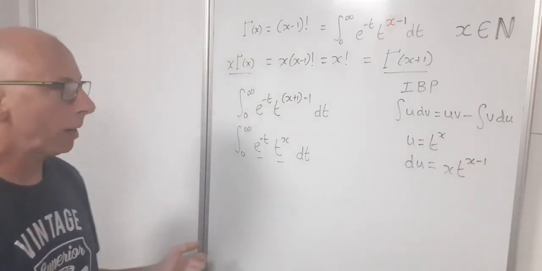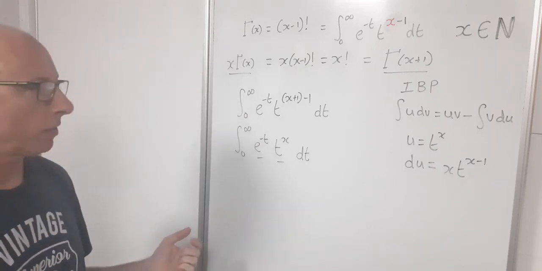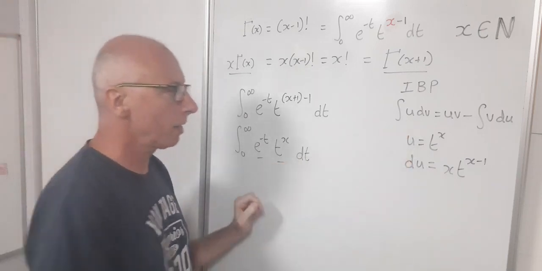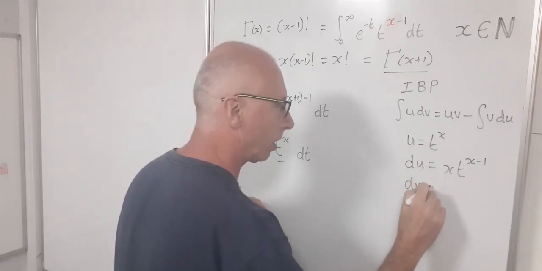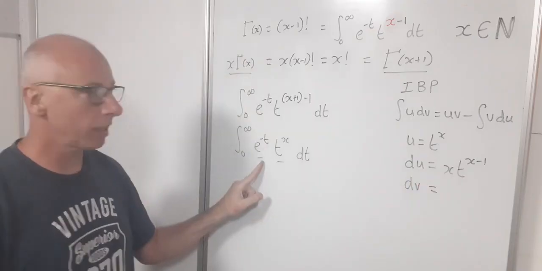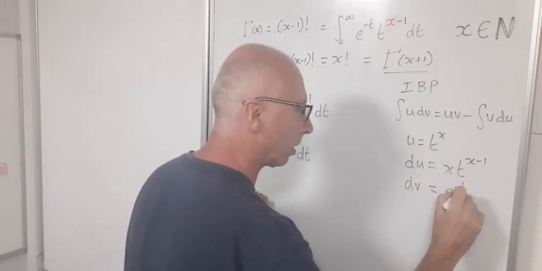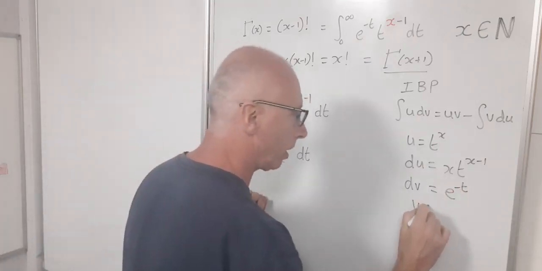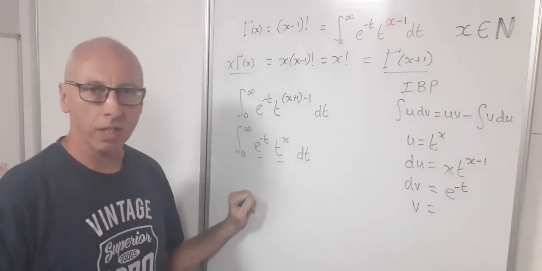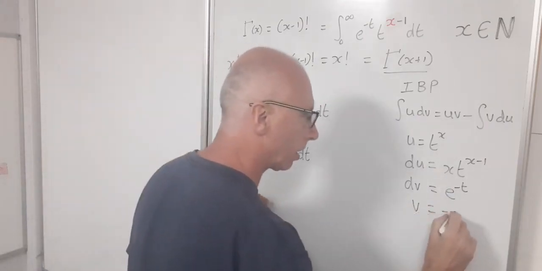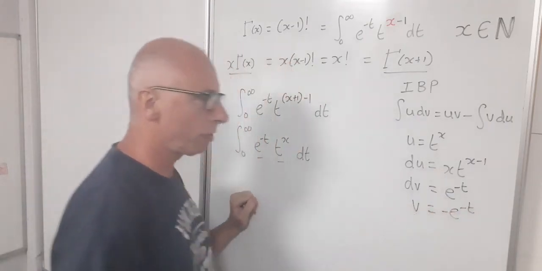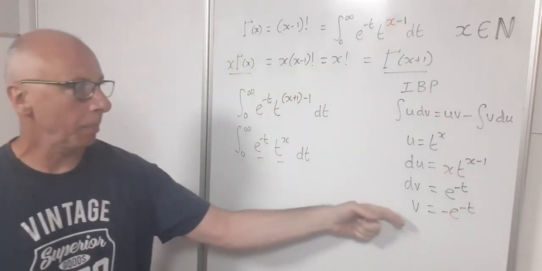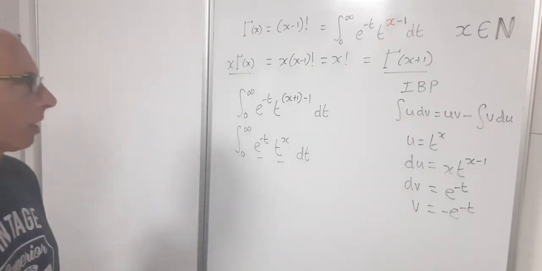So that's using the power rule for derivatives. So therefore my dv, that's going to be e to the minus t. So then if I integrate that, my v then becomes minus e to the minus t. So that's my integral with respect to t. So that's my building blocks for my integration by parts.